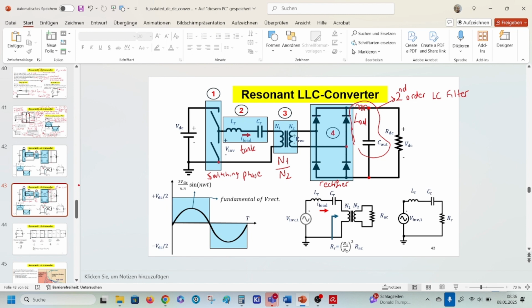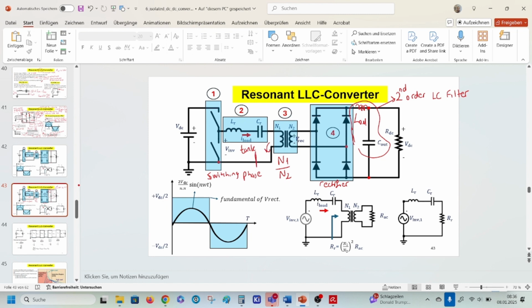We are generating a square wave from here to excite our LLC resonant tank. And this resonant tank produces actually a sine wave at the input terminal of our transformer.